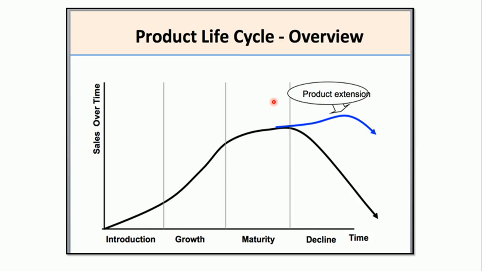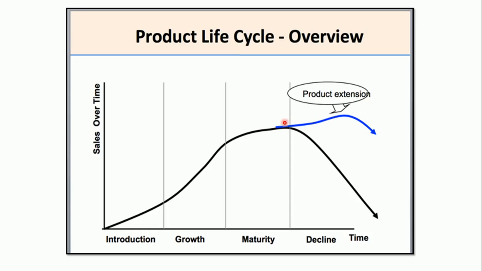We take the example of the Maruti 800 vehicle. From the Maruti 800, they started the Alto vehicle. This Alto is not called a new product, but it is a product extension of the 800 vehicle. They made small changes in the 800 and produced the Alto. Generally, this Alto is called the product extension for the Maruti 800.